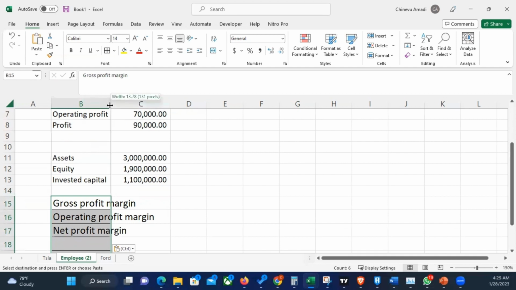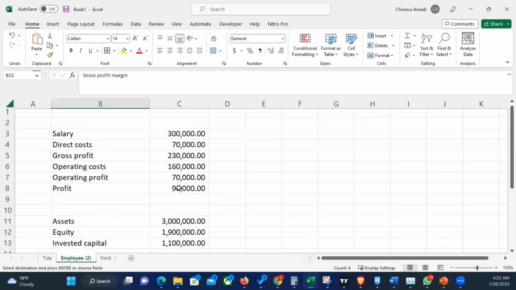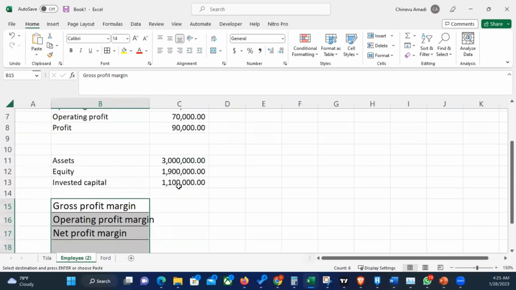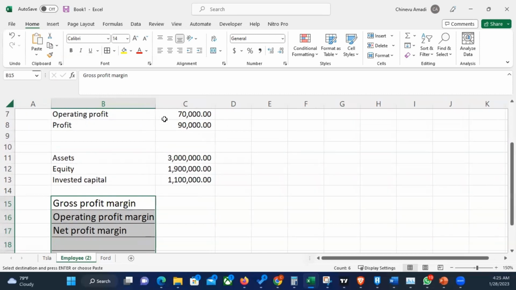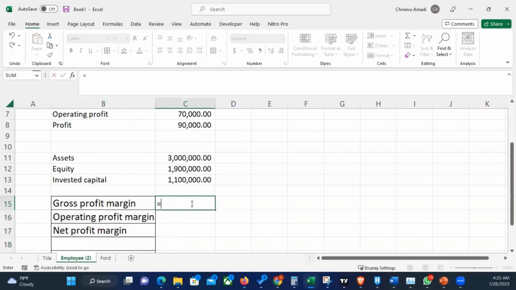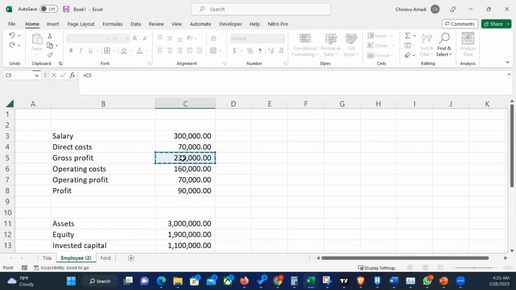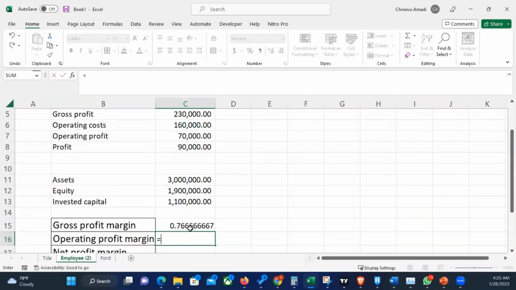So your gross profit, same way, operating profit, net profit margin. So your profit is also this. Now return on assets is what you are returning, and return on equity. So as an employee, don't just look at salary.